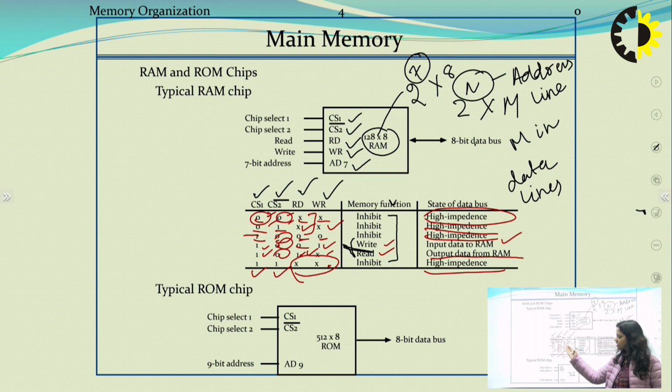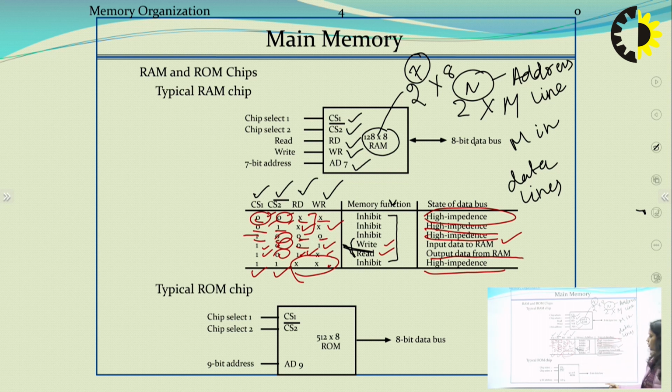So these are the possibilities, the cases where the value of chip select 1 and chip select 2 will be 0, 0, 0, 1, 1, 0 or 1, 1. The 4 possibilities and their different functions performed on the basis of those inputs. So this is all about the RAM selection and its operation performed in the memory.